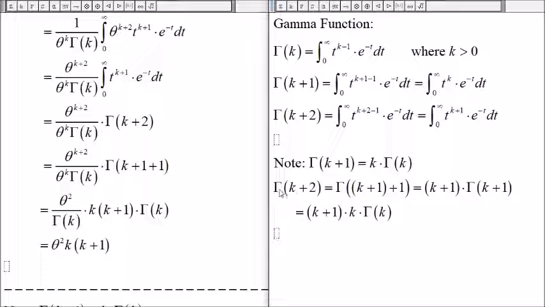And so gamma of k plus 2 is k plus 1 times k times gamma of k. And so that's what we have right here. Gamma of k plus 2 is k times k plus 1 times gamma of k.